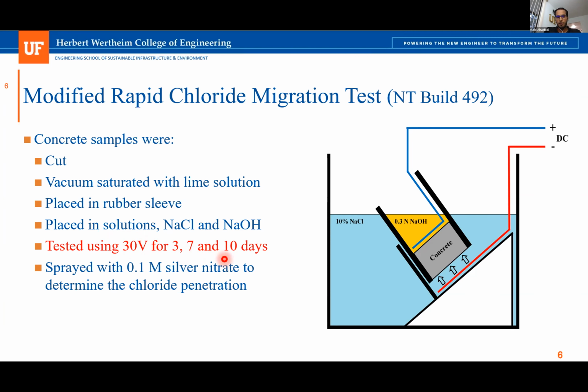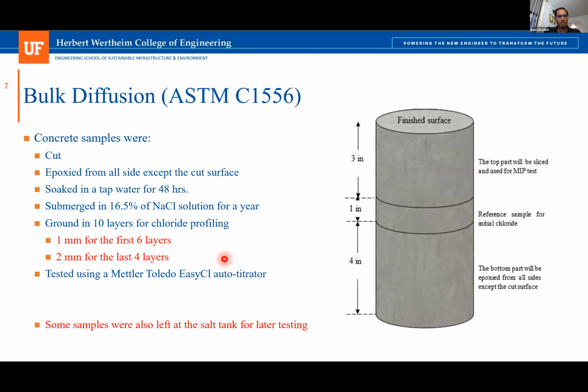determine the chloride penetration. For the bulk diffusion samples, the samples were cut and epoxied on all sides except the cut surface. And then we soaked them in tap water for 48 hours. Then we submerged them in a 16.5% salt tank in a DOT tank for a year.